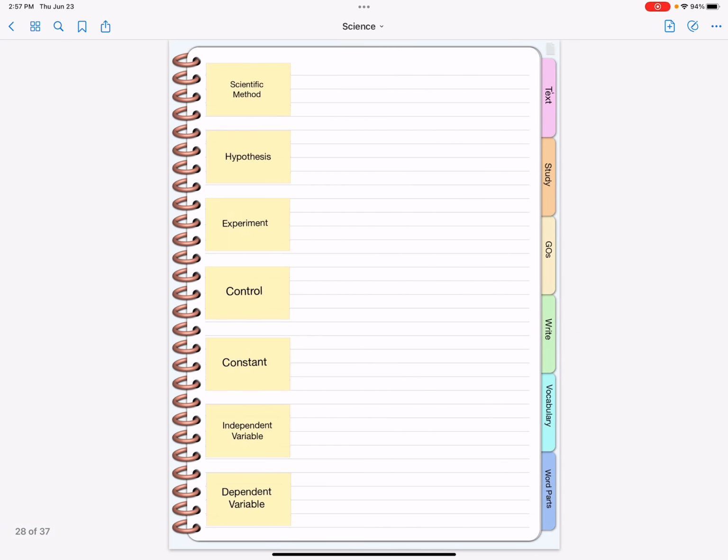Now I have made some post-it note flashcards that I like to use. You could do this with index cards. You could do it with a piece of printer paper that you just fold into 4 equal parts and cut those out. You can just write the definitions in your notebook if you want to do that. I'm just a flashcard person, so I really like this method.